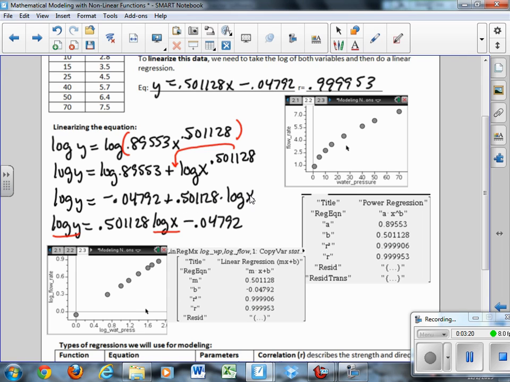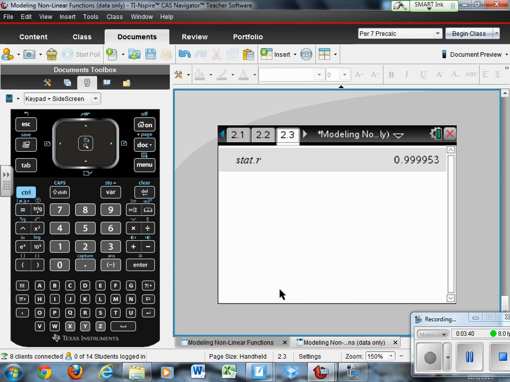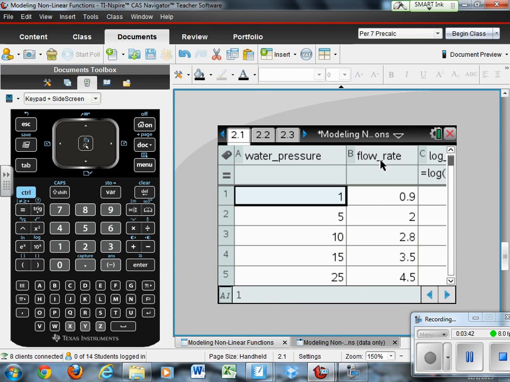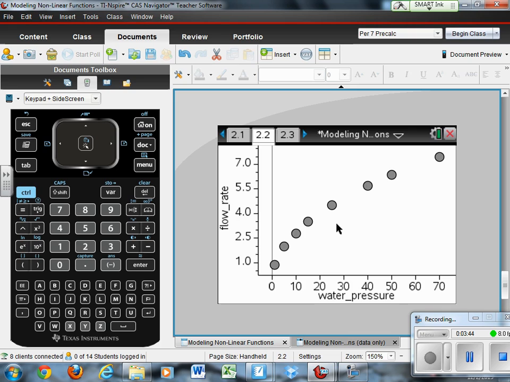So notice we have this in linear form. Here's the slope, here's the y-intercept, but instead of x and y, we're taking log of x and log of y. So if I were to take log of both of these variables, the data is very straight. I'm going to show you this on my calculator here. There's my original graph between water pressure and flow rate.